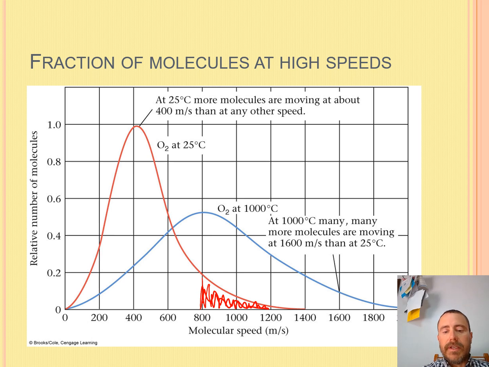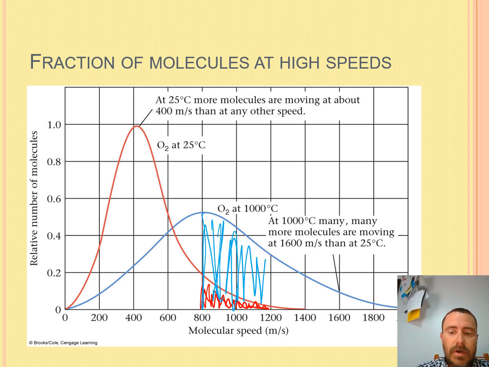If we increase the temperature, though, up to, say, 1,000 degrees Celsius, now all of these oxygen molecules are going to be moving fast enough and have enough energy in order for us to have an effective collision. So you're going to have a lot more effective collisions, and so your rate is going to increase because we increase the temperature.